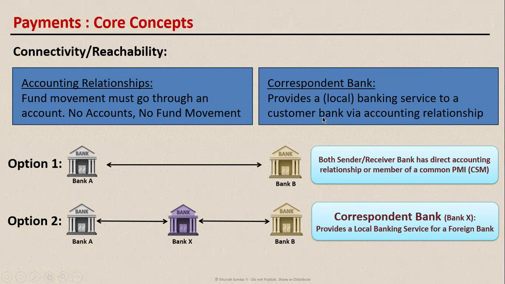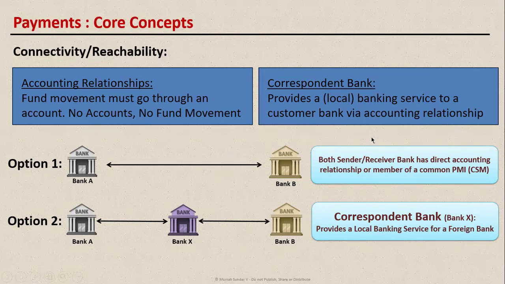For example, HDFC is opening an account in Citi. So HDFC can avail all the banking services provided by Citi, but Citi is providing those services where? In the USA. So HDFC can access all US payment-related transactions using Citi.